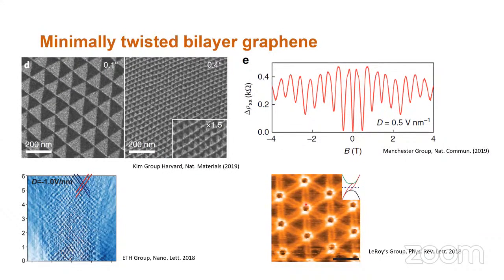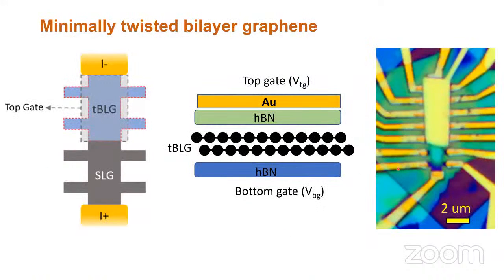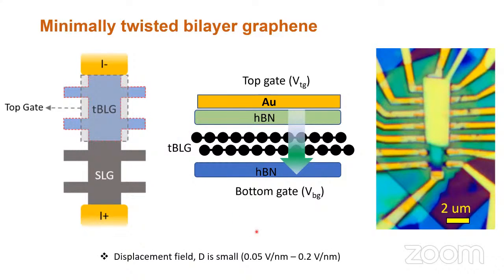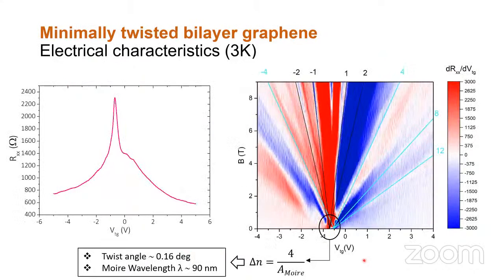So we wanted to, again, this is a device which came accidentally, but this is another device where the angle was found to be very small, and there was a small displacement field also created. If I take a look at this resistance versus gate voltage, it is a standard bell-shaped resistance curve.